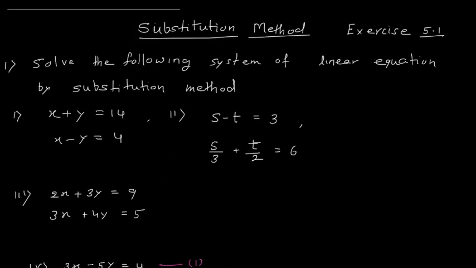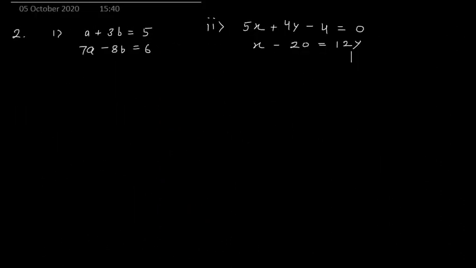Okay, so let us move to the next problem. a plus 3b equal to 5, 7a minus 8b equal to 6. These problems are the same as the problem which we have done. You can try these problems yourself.